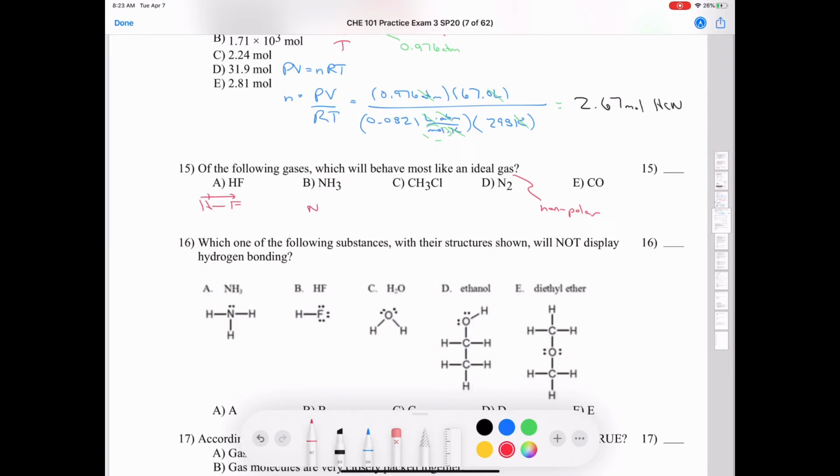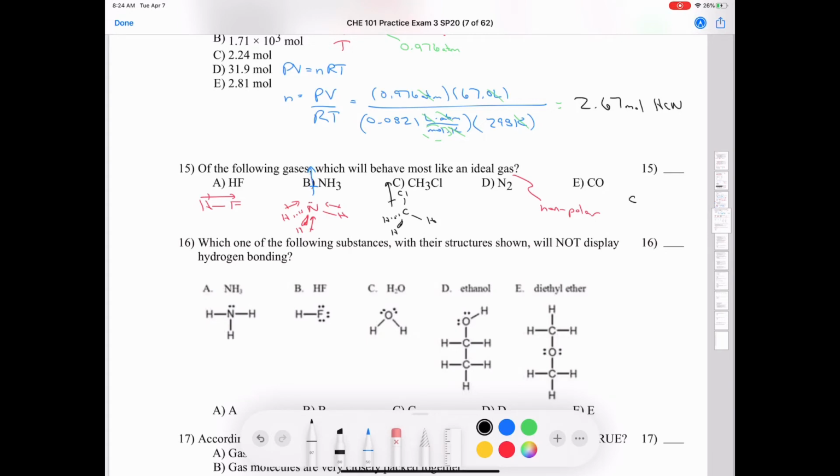Also in ammonia, if we look at the Lewis structure and then draw the molecular geometry, you can see that there's a dipole, because we have 3 dipoles going this way in the trigonal pyramid, so overall we have a dipole going this way. The next one, methyl chloride, is also a polar molecule. If I draw it like this, you can see that there's a dipole going towards the chlorine. So that's a polar molecule.